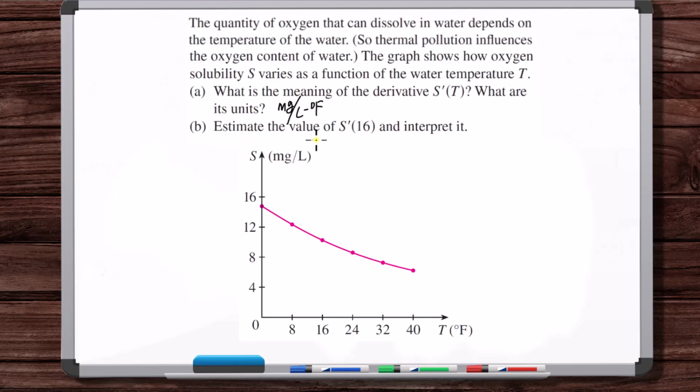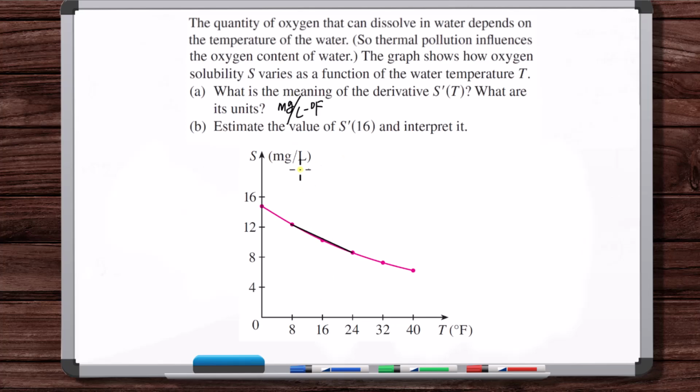All right, now estimate the value of S prime of 16 and interpret it. They don't give us a function here, so we're just going to estimate what S prime of 16 is. We can do that by computing the slope of the line between these two points. That'll give a decent estimate, since it's going to be pretty close to the slope of the line that's tangent at T equal to 16.